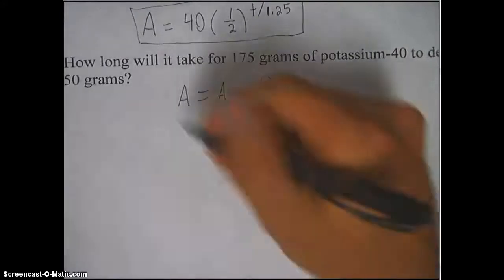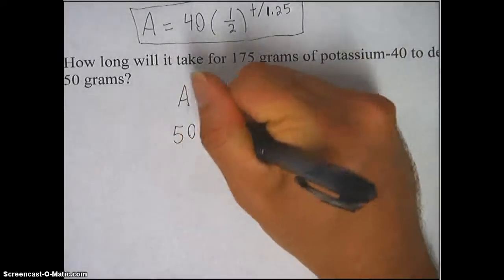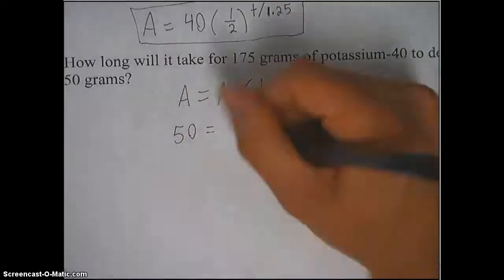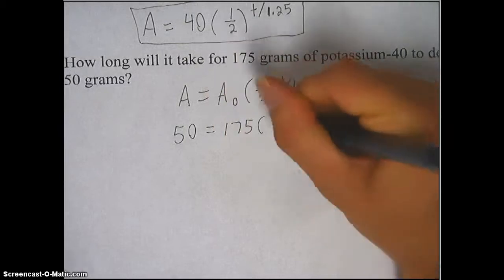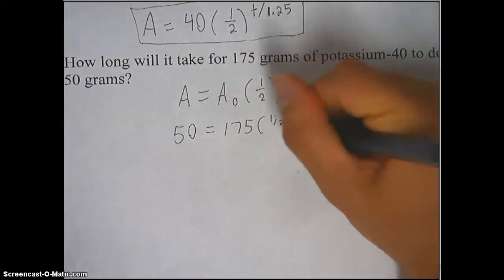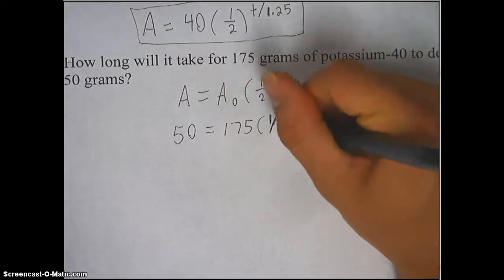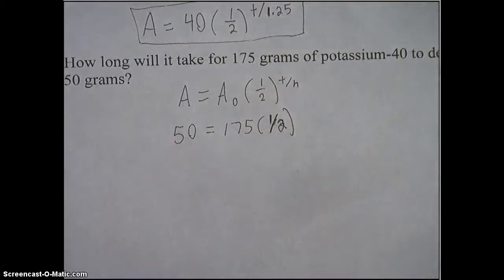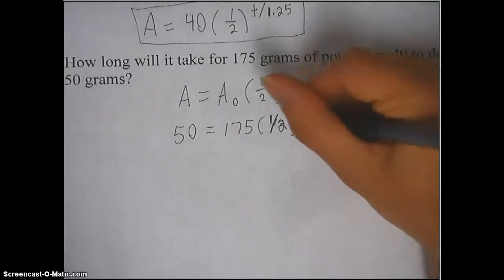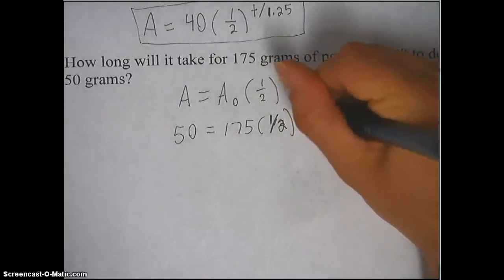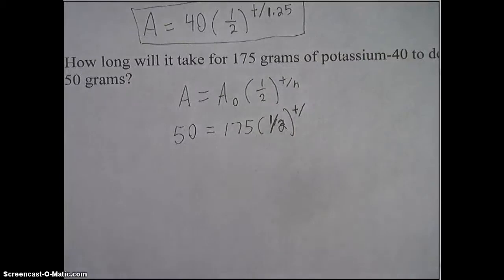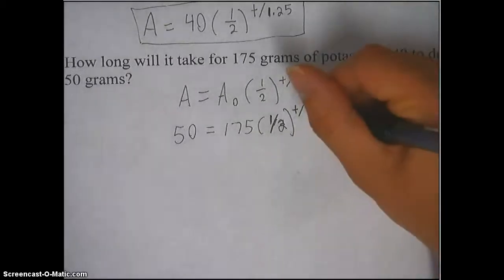We want to know how long it's going to take it to get to 50 grams. So I'm going to write the 50 right there. And I'm starting with 175 grams. I know the 1/2. And the thing I don't know is the amount of time, so I'm just going to put a t. But I do know that the half-life is 1.25 billion years.